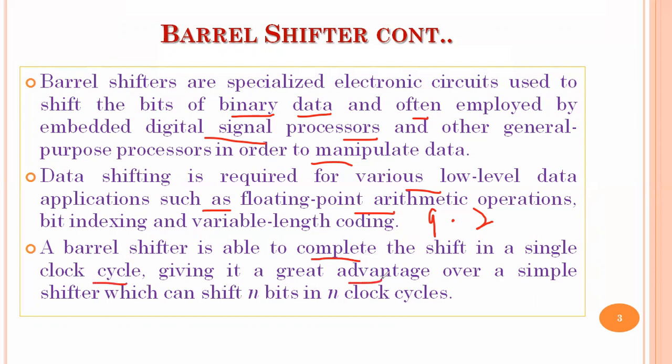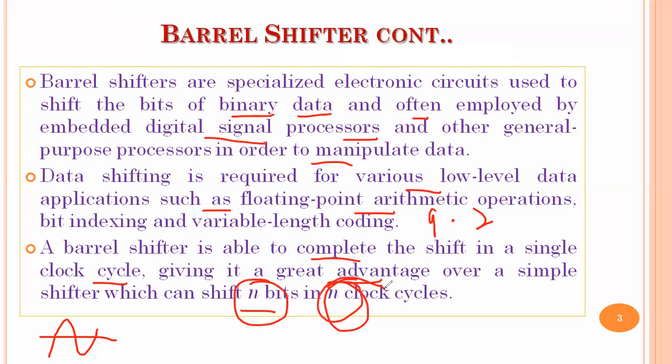That is a great advantage over a simple shifter, where shifting n bits takes n clock cycles. In a barrel shifter, in one cycle any number of bits will be transferred either left or right, whereas in a simple shifter, if we want to transfer n bits, n clock cycles will be used.